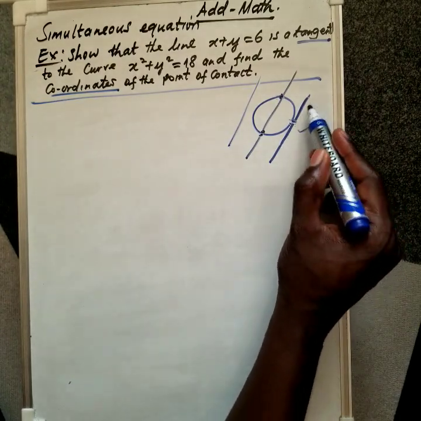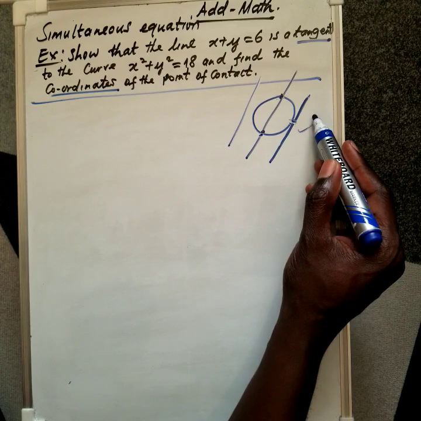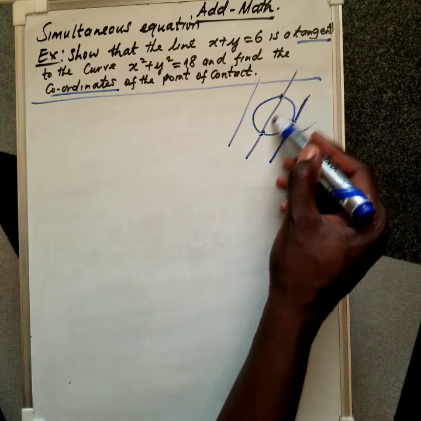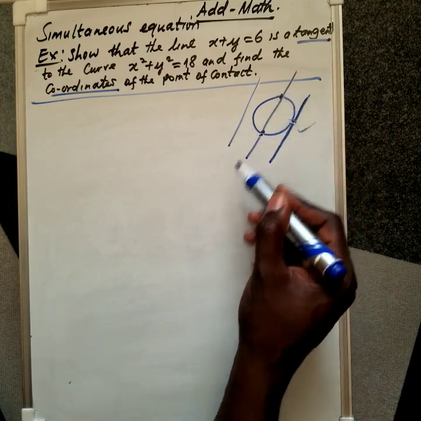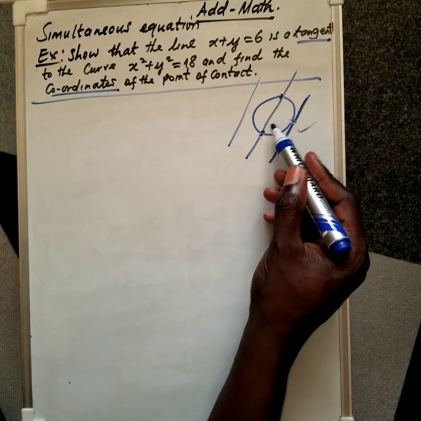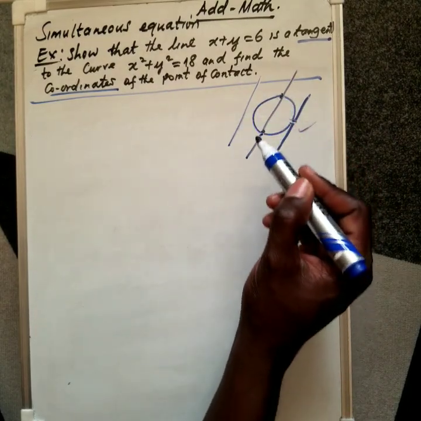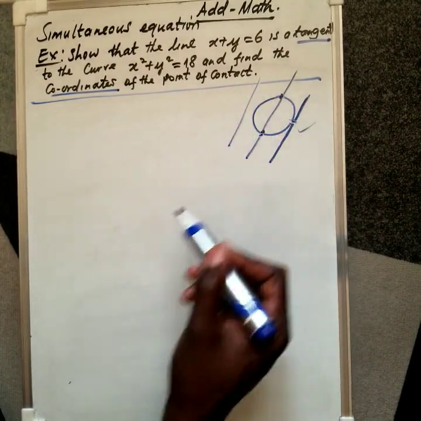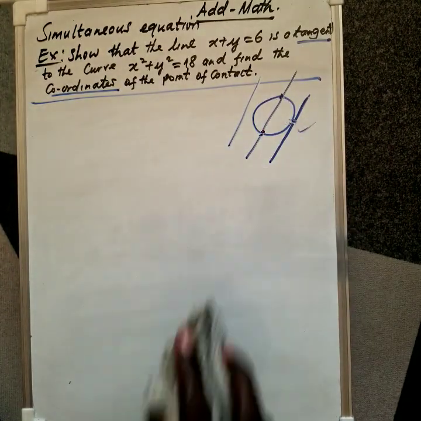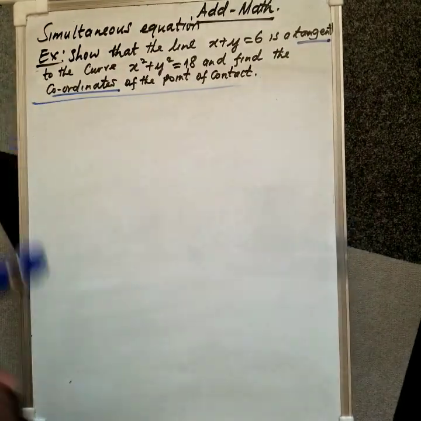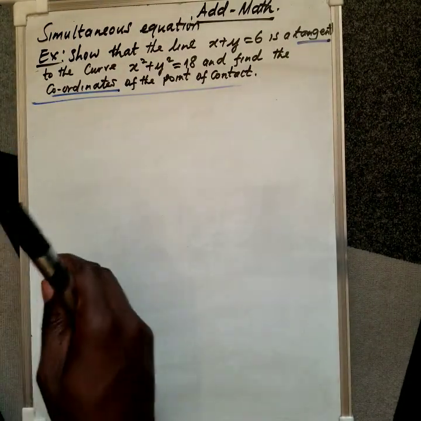If you only have one solution, or equal solutions, it means it's a tangent. If you have two solutions, it means it is cutting the curve, in this case a circle. If there are no solutions, it is neither a tangent nor touching the circle. So that's the idea. But let's try to find out, because the question said we find out.